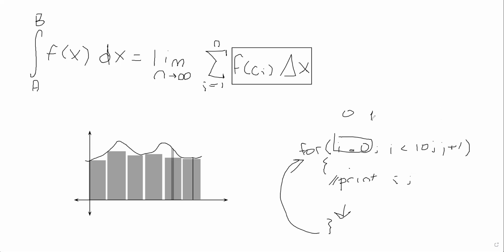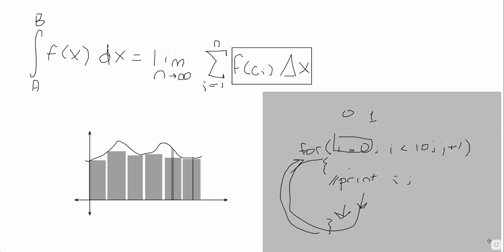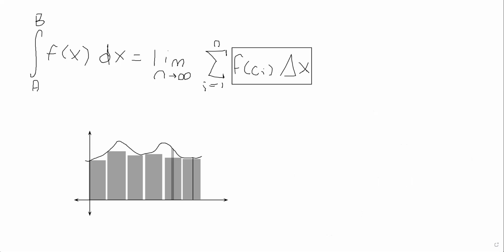It prints 1, it increases by 1, so now I is 2, goes down and comes back up. And sorry, this might be a confusing example, but it's kind of similar to what's going on here. We're going to keep doing this over and over and over again until we reach the end value we want. So let's talk about what f of c sub I is, and let's talk about what delta x is.